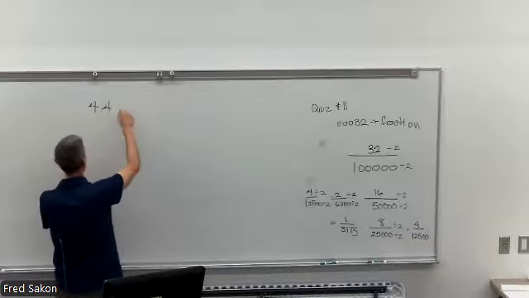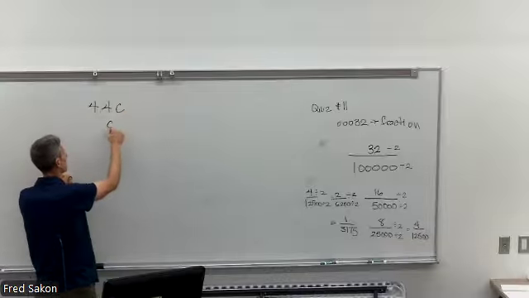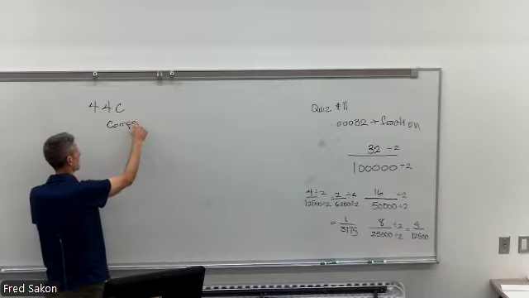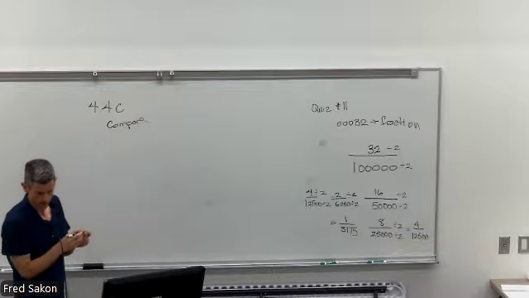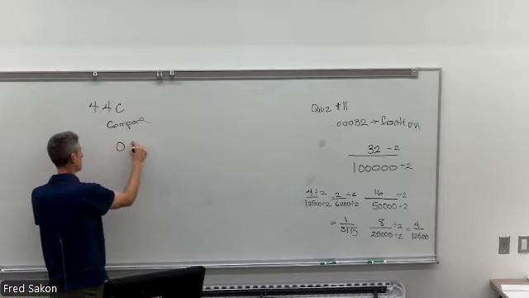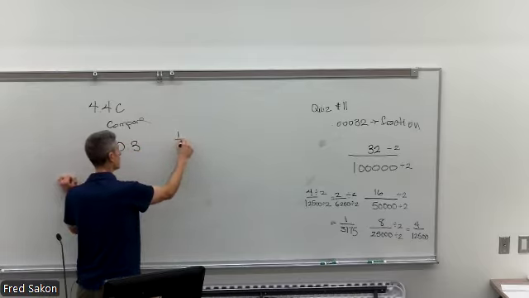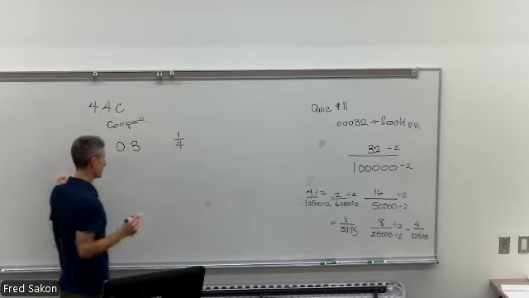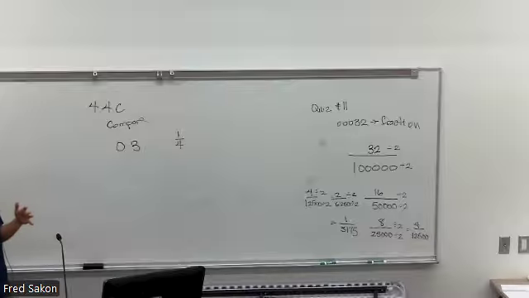So let's compare. Looking at that first example, we've got 0.3 versus 1/4. Any ideas on how we can get them to where they look similar and therefore compare them easier?